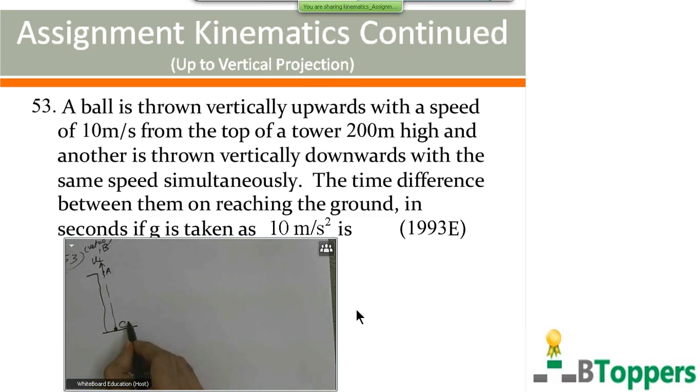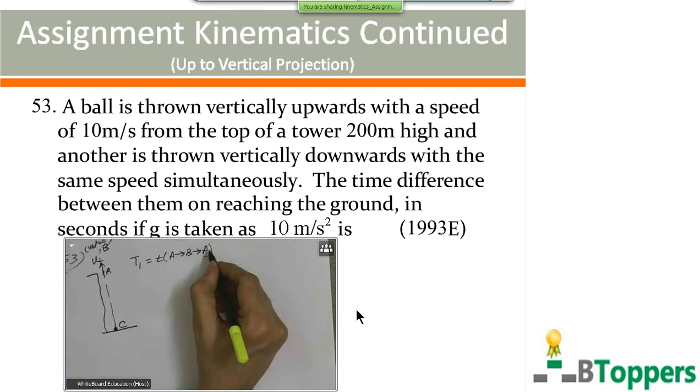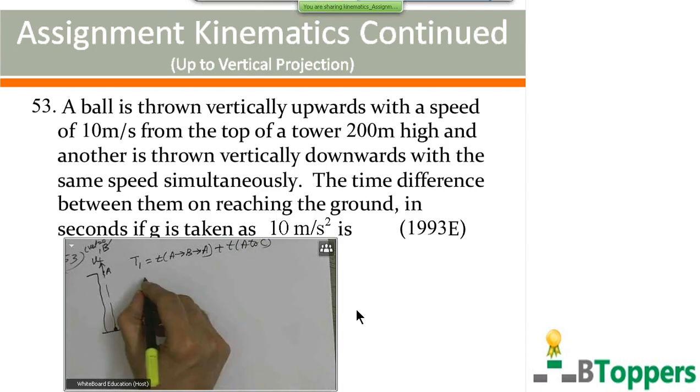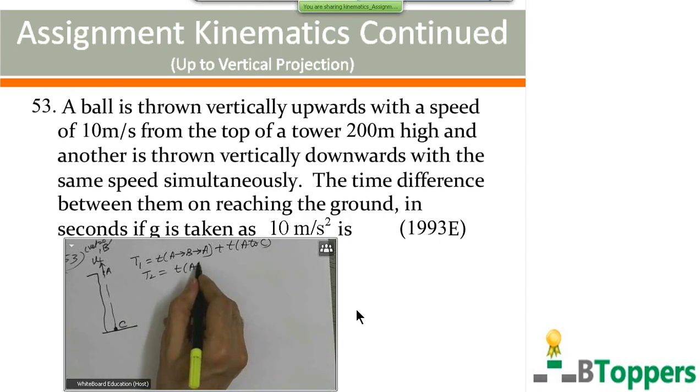Let's see the final position of one of the balls just before striking the ground. So total time taken by the first ball to reach the ground is equal to the time of motion from A to B and back to A, plus the time of motion from A to C. Whereas the time taken by the second ball to reach the ground is equal to the time of motion from A to C.